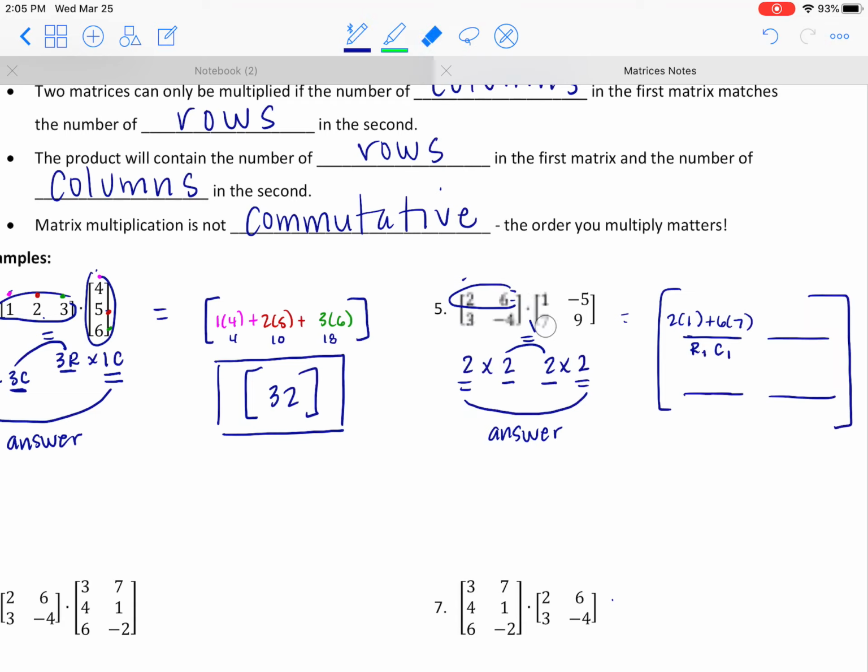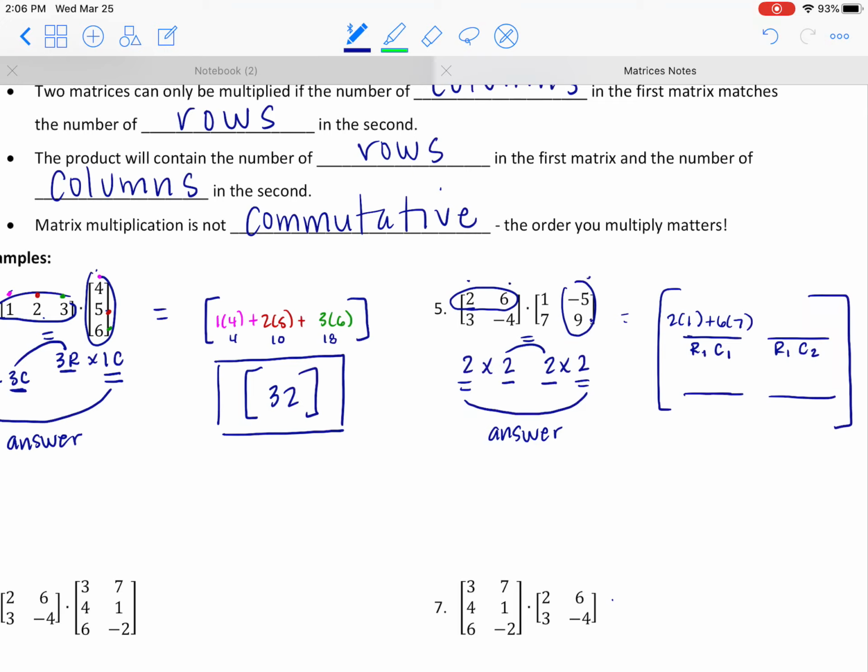Let me erase some of this so I don't get too many circles in my problem. Looking at this part of the answer, this is still row 1, but now I'm in column 2 of the answer. So to get that entry, I'm going to use row 1 and column 2.